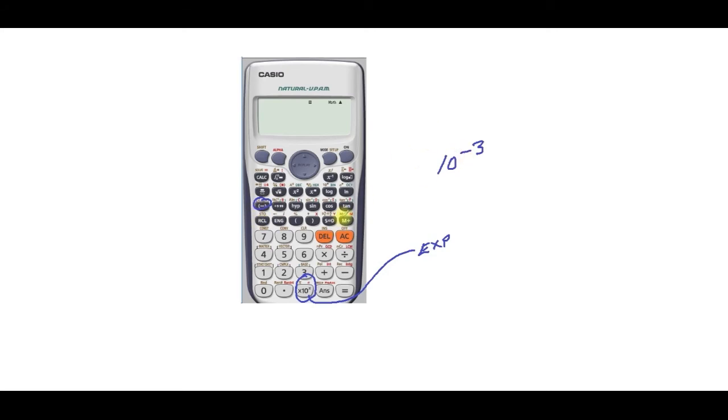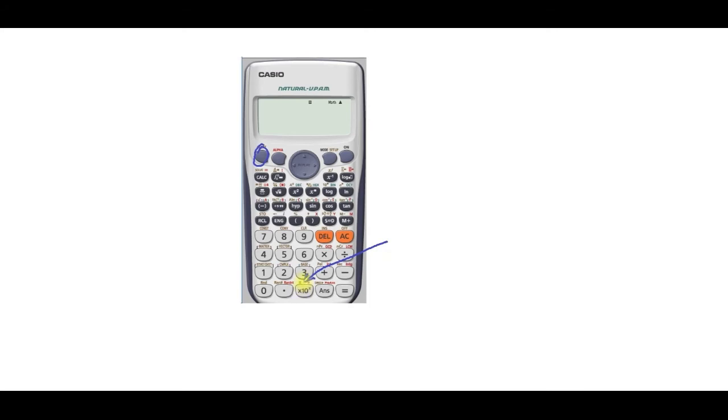The other thing that's probably worth showing you now is you'll notice a lot of keys have stuff written above them. One that we'll be using a lot later on in these tutorials is the pi key. See the little symbol pi there? Well, if you want to access the symbol above the key, you have to press the shift key first. So if you pressed shift and then the EXP key, you would get pi.